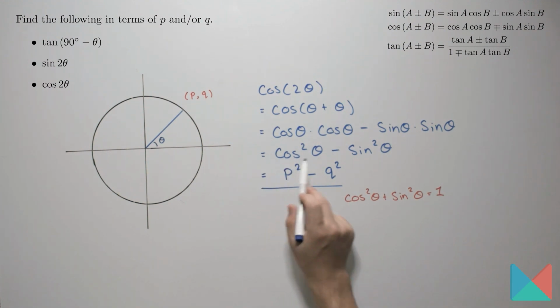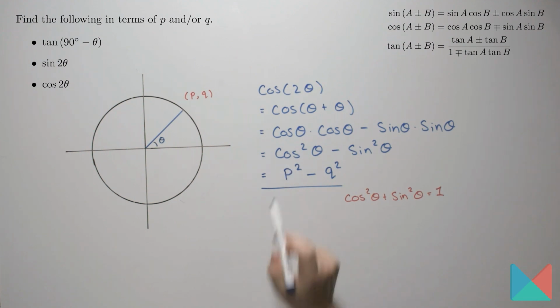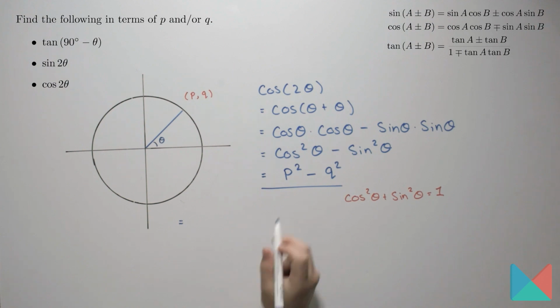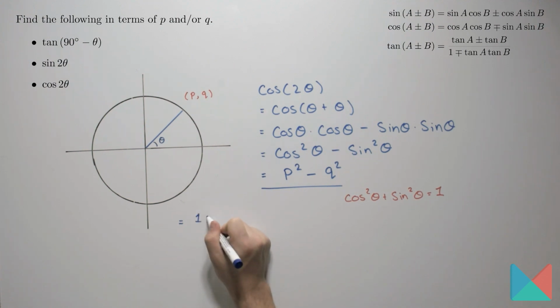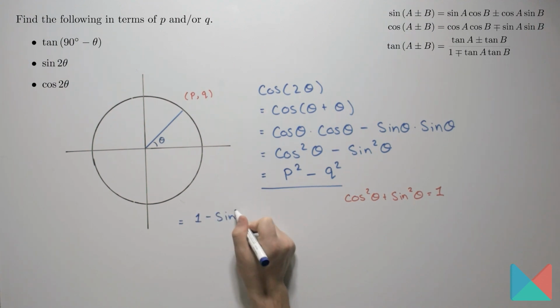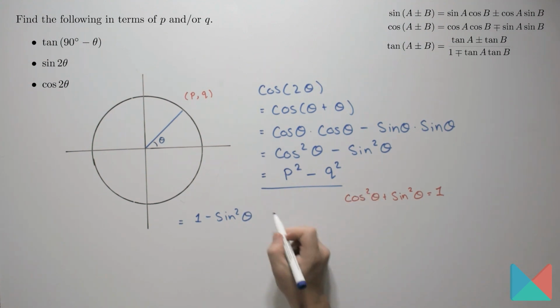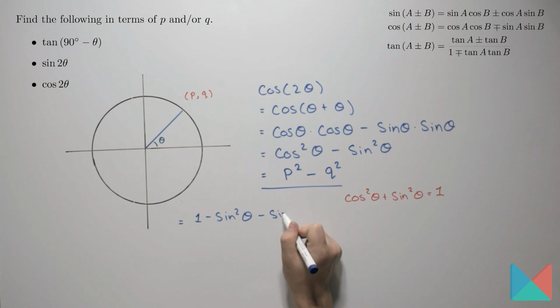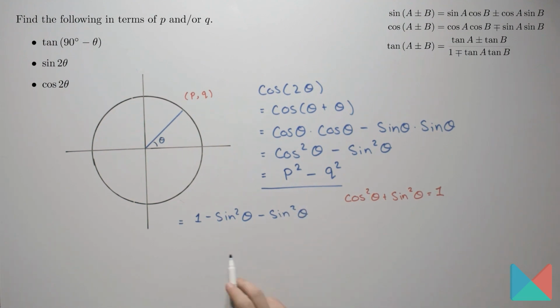So starting with this line here, we can get everything in terms of sine by replacing cos squared using the Pythagorean identity. And so cos squared can be rewritten as 1 take sine squared theta by taking sine squared over to the other side. And then we're left with a negative sine squared theta. And so we got 2 lots of negative sine squareds.